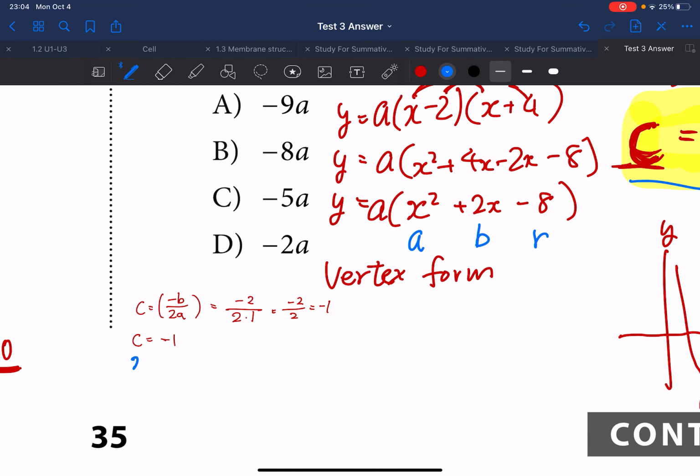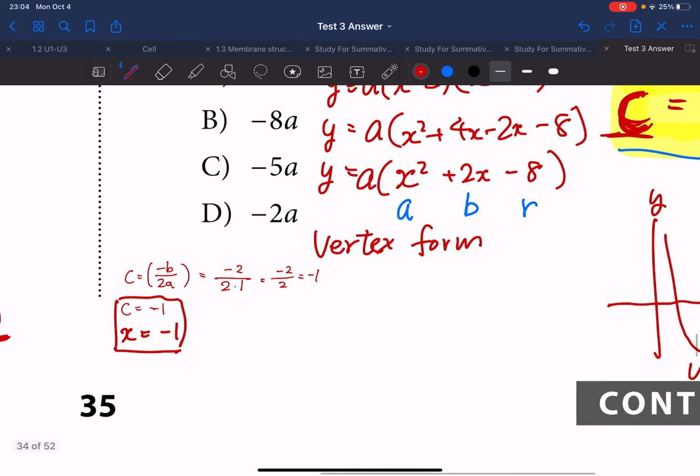So we can say that c is also x, and that equals negative 1. Now, we can assume that this x right here could be negative 1, right? Because it's the same, it's equal.